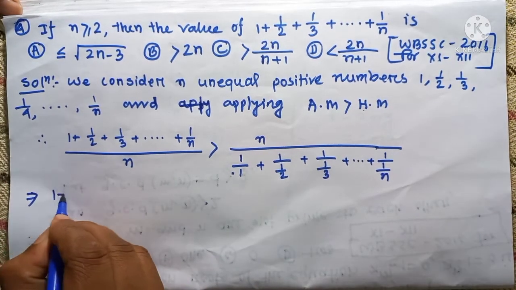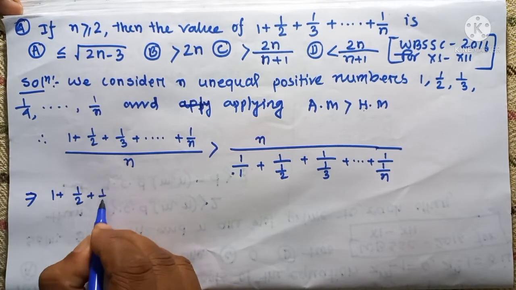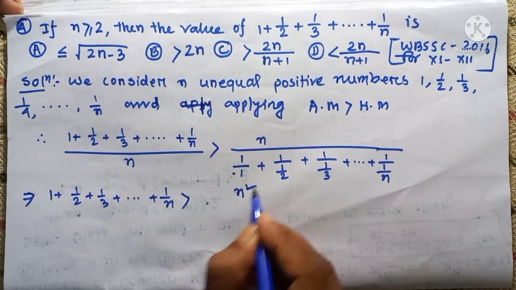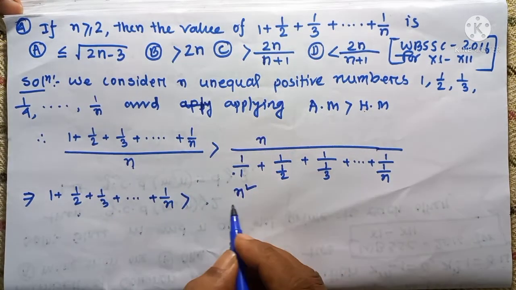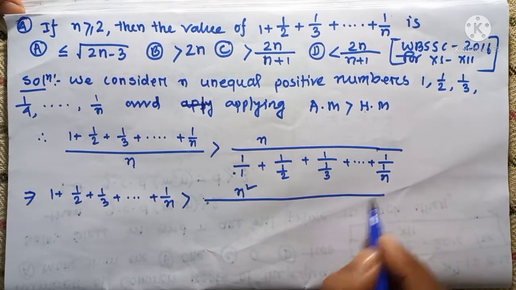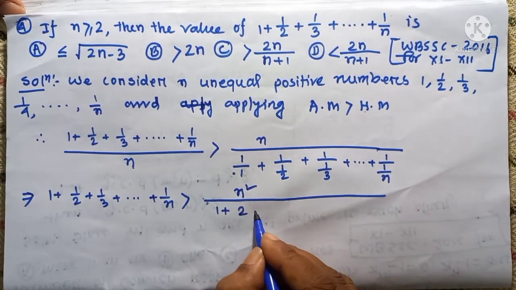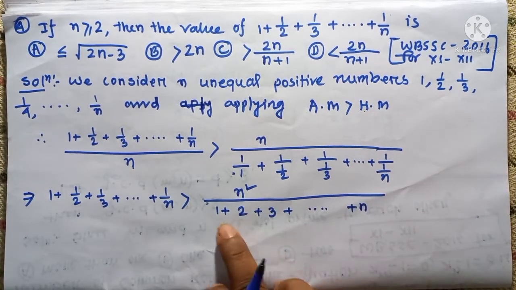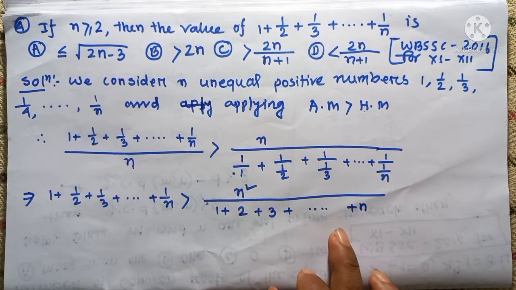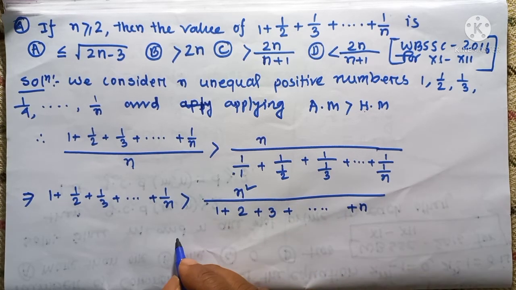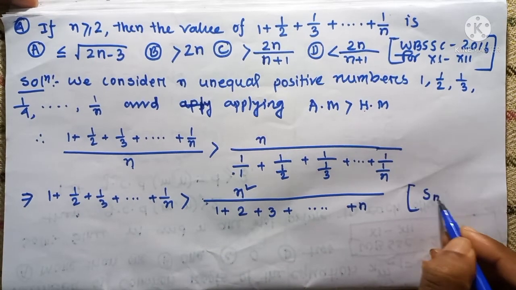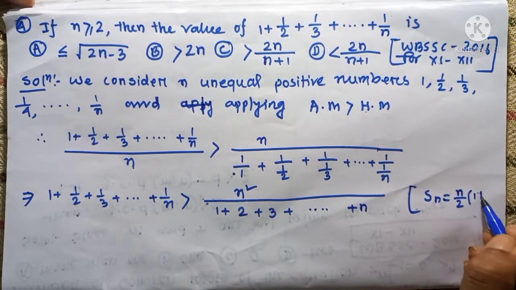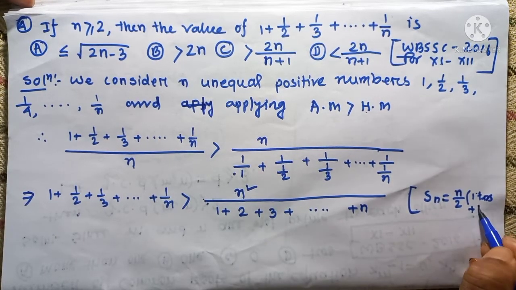This implies 1 plus 1 by 2 plus 1 by 3 plus dot plus 1 by n is greater than n into n equal to n square by 1 plus 2 plus 3 plus dot plus n. This is an arithmetic progression. The sum of the arithmetic progression is Sn equal to n by 2 into first term plus last term.